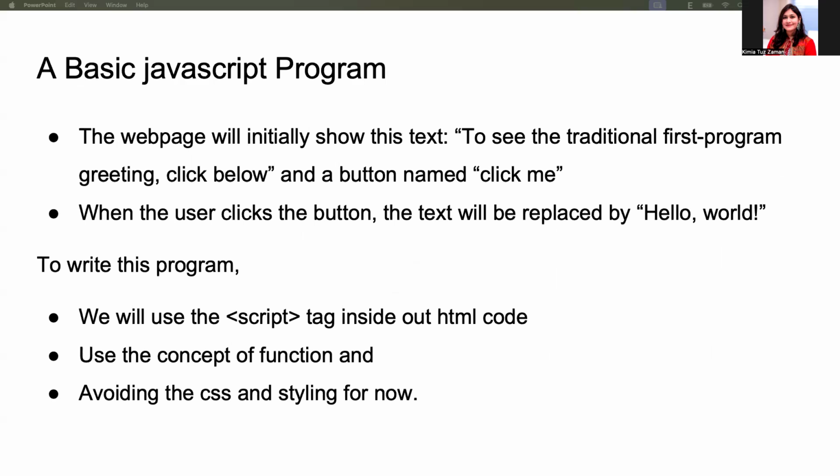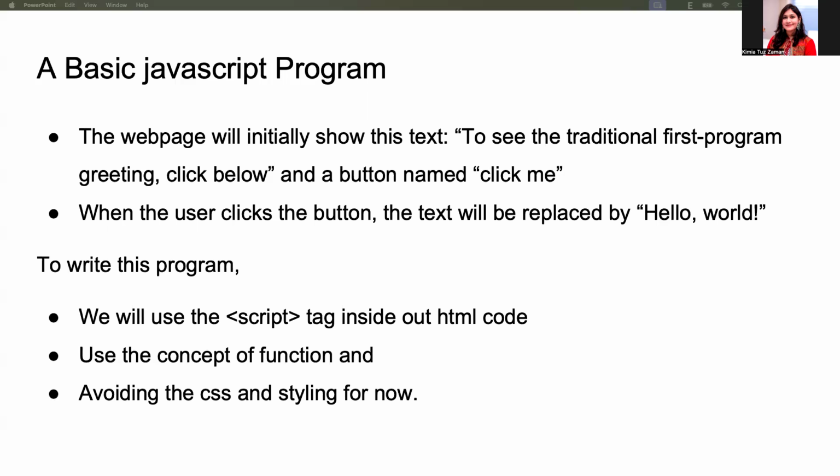So to create a basic JavaScript program, we start with an HTML page that initially displays the text, "To see the traditional first program greetings, click below," along with a button labeled Click Me. When the user clicks the button, the text changes to Hello World.